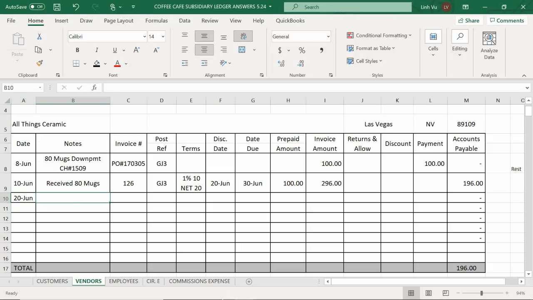We received 80 mugs. Our invoice is 159. General journal 9. And terms 1% 10 net 30.